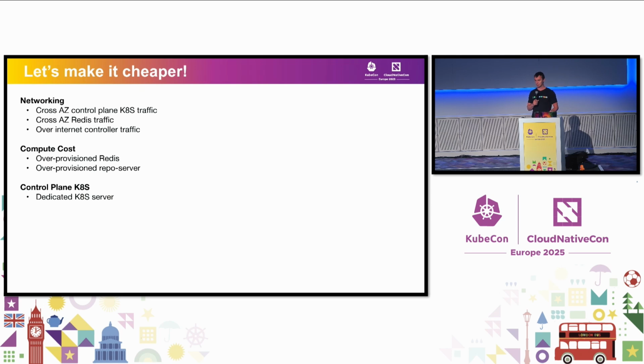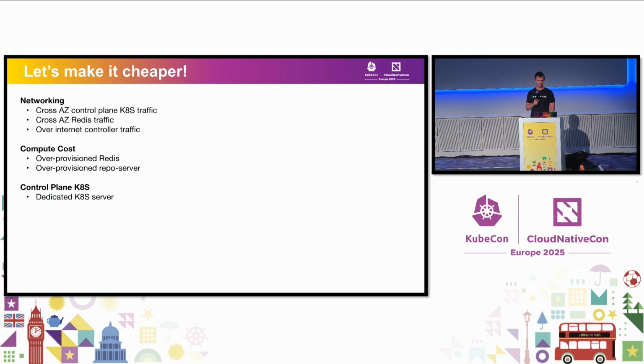Now I want to go to the meat of the presentation and share with you what we learned from running Argo CD for many years for various companies. A lot of those learnings we translated back into contributions to open source. So the latest version of Argo CD usually has optimizations built in, and it's cheaper to run.